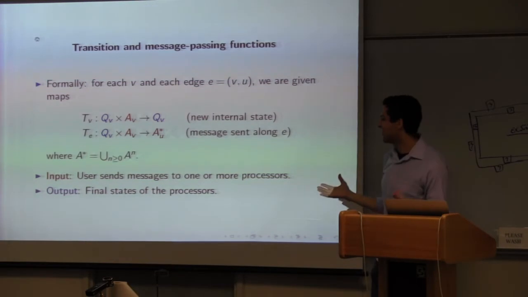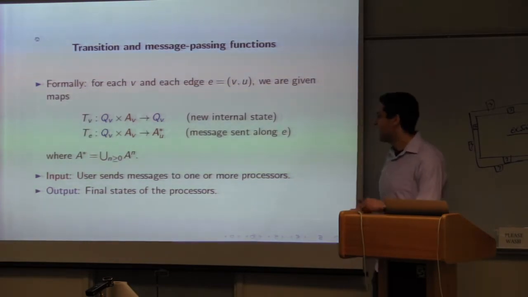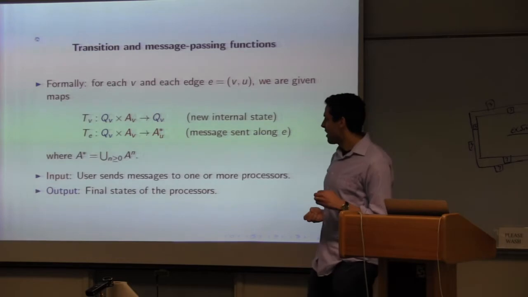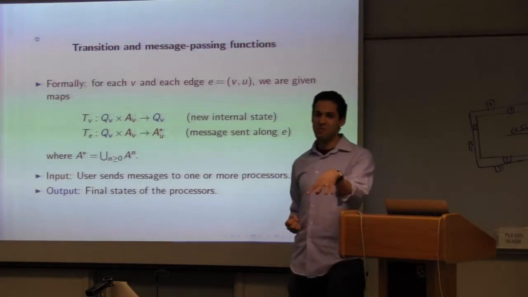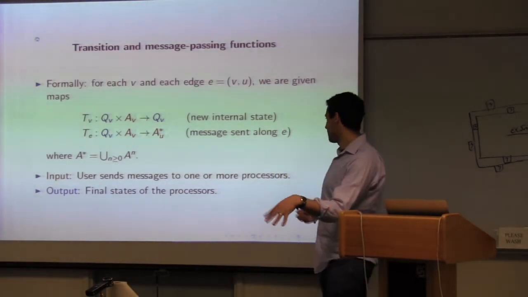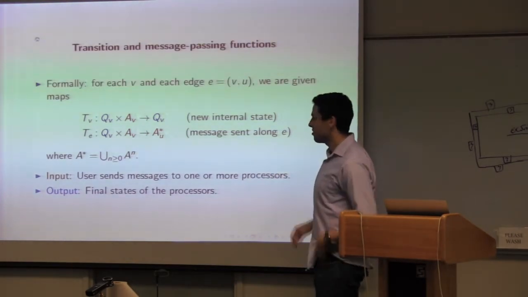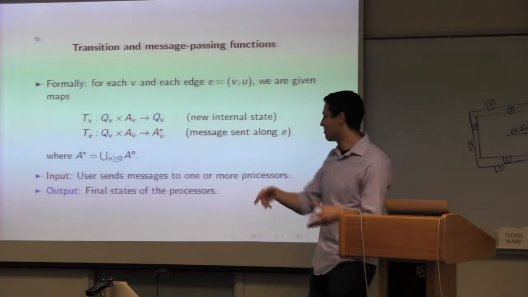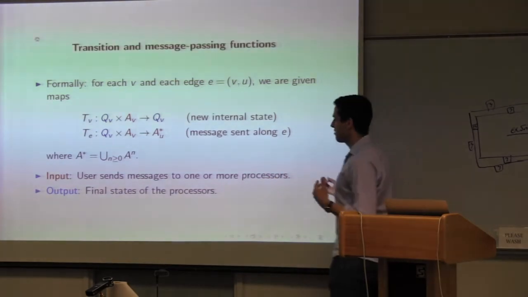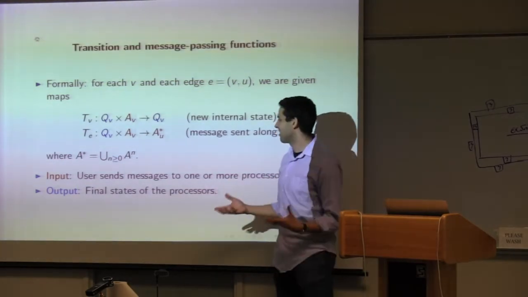So think of this as a network of automata, and the user could send input to a particular processor or several processors. Those processors might then start sending messages to each other, and eventually you'd like to interpret the final states of the processors as the output.